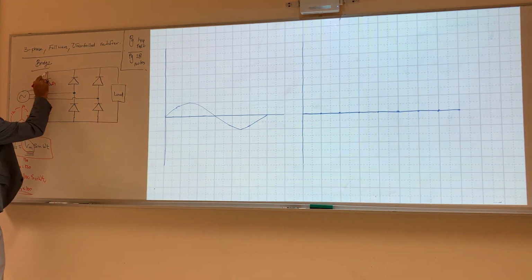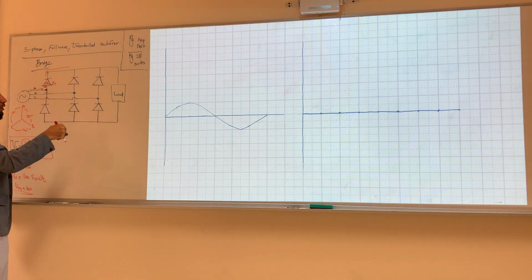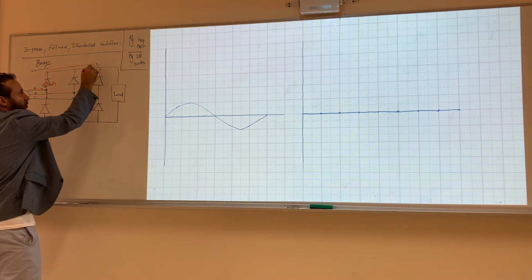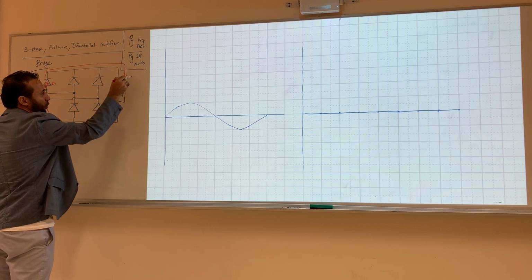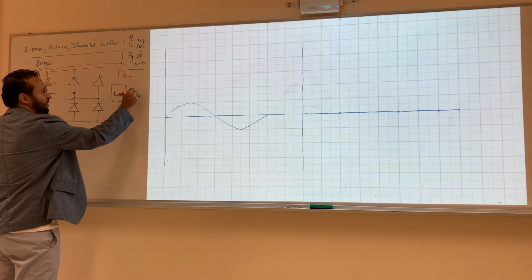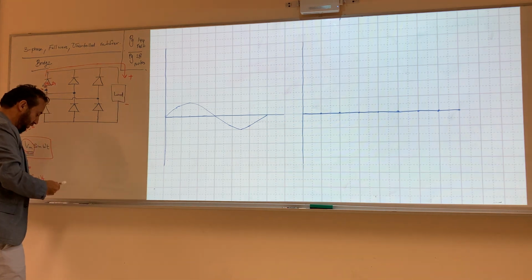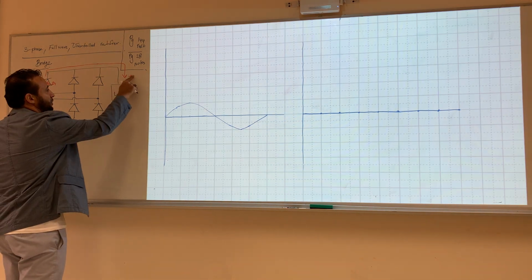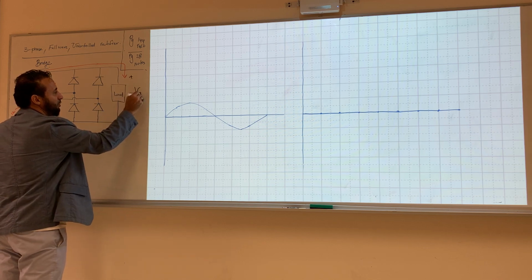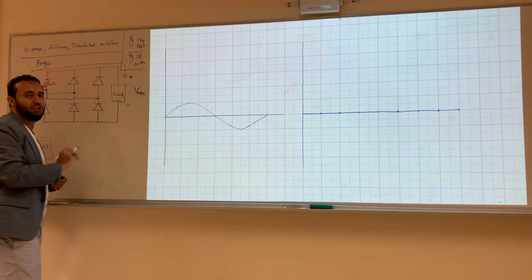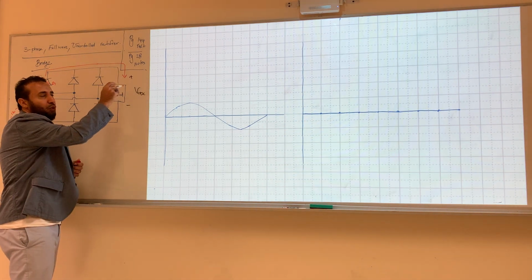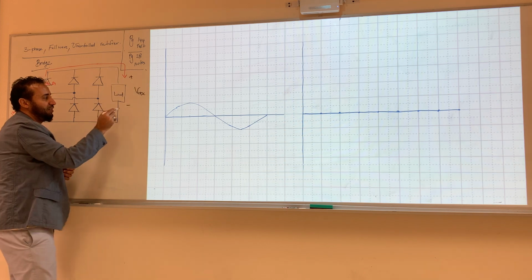Then the current cannot go through this diode, same thing cannot go through this diode. So it will come through the load, and this is positive and negative. If we look at V out, and use another color, which is positive here and negative here, this is V out DC across the load. So we came to the load from the same direction, from positive.